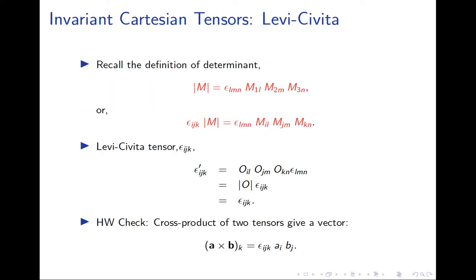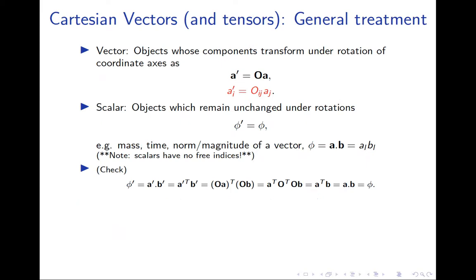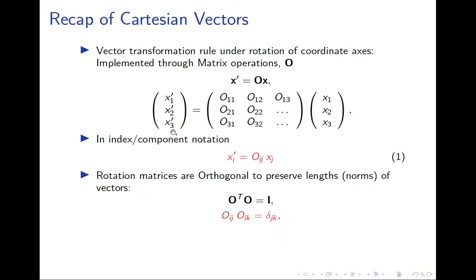So let me just go back to the definition of an orthogonal transformation. Yeah, so this here. As I said, rotation matrices are orthogonal transformations, but the converse is not true. Not all orthogonal transformations are rotations. For example, if you take the determinant of this equation, O transpose O equals 1, the left hand side becomes determinant of O squared, equal to the determinant of the identity, which is 1.